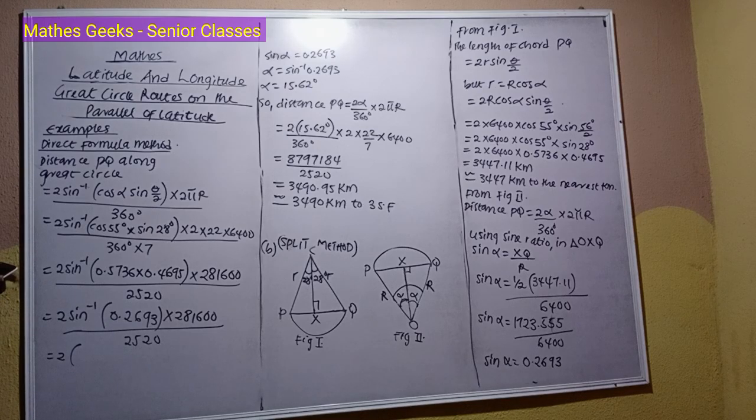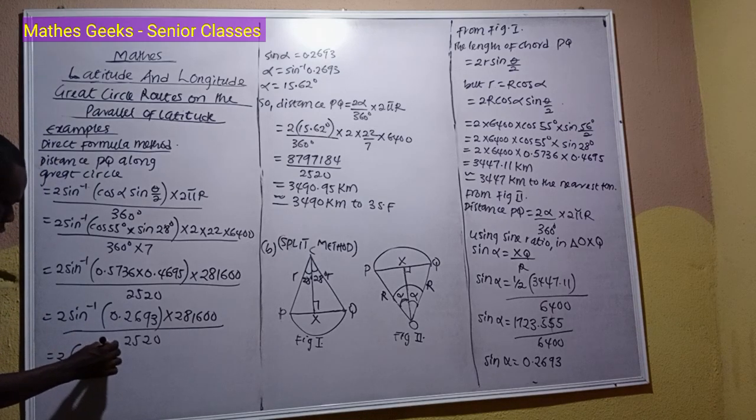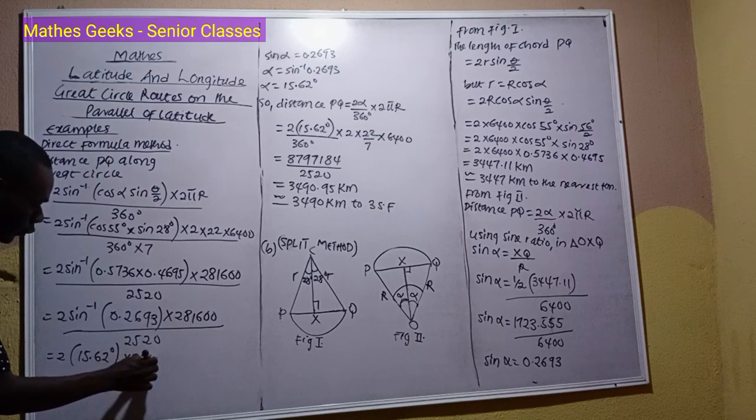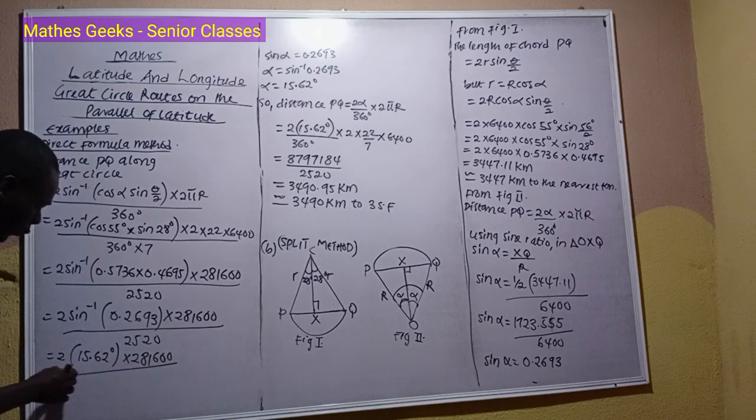Arc sine 0.2693 is 15.62 degrees, times 281,600 divided by 2520.